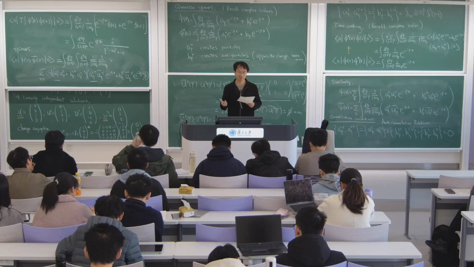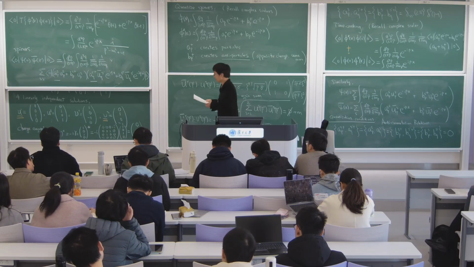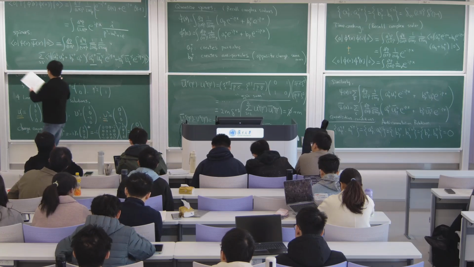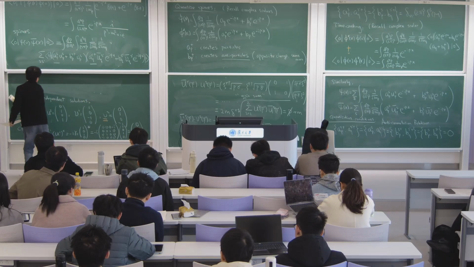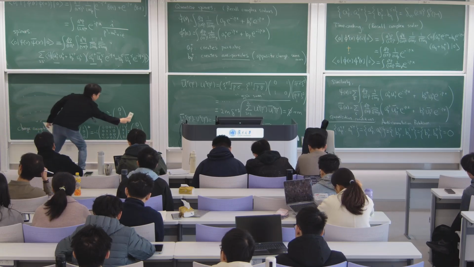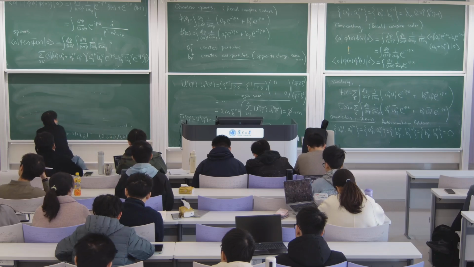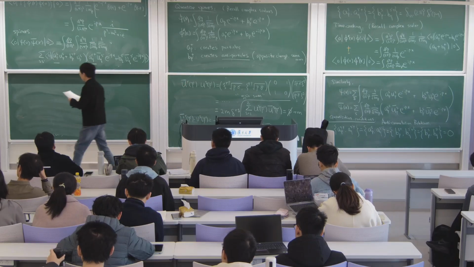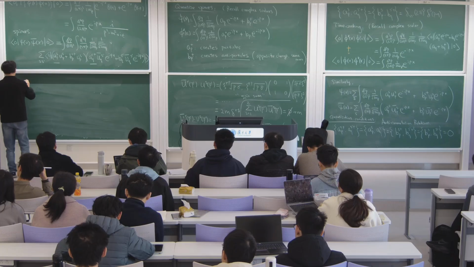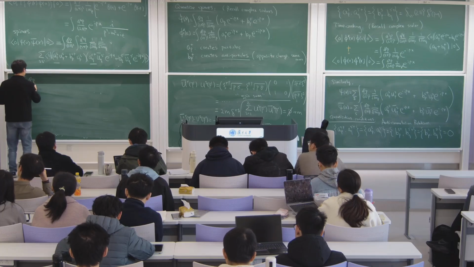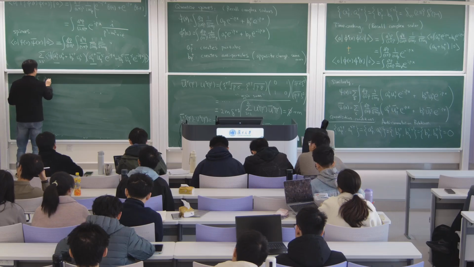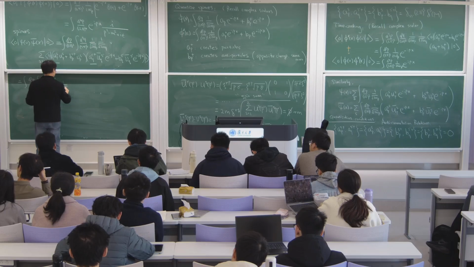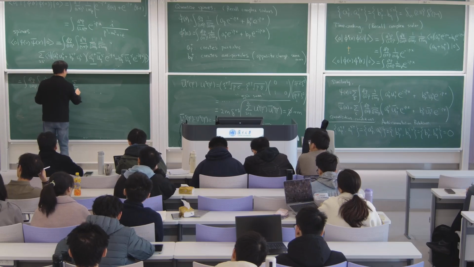All other terms vanish. So this will be equal to the p integral, the u integral, sum over spin s prime.